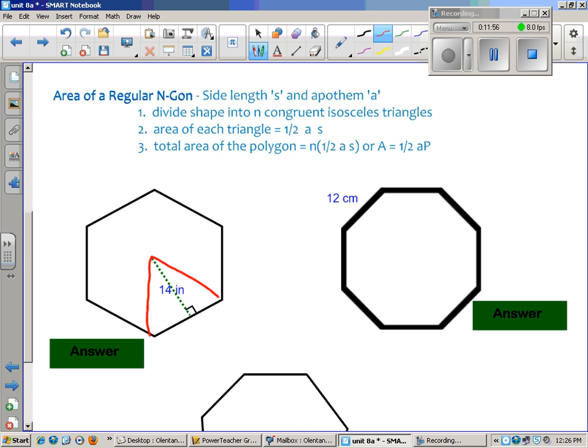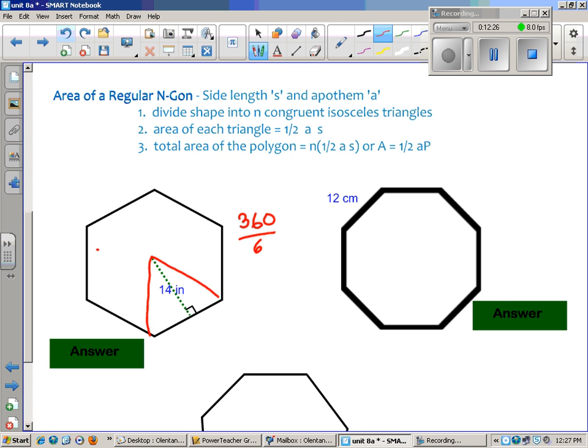So how many identical triangles are in here? 6. If I went all the way around, how many degrees would it be? 360. So if I'm dividing that 360 degrees into 6 equal pieces, how could I find out what one piece is? Yeah, exactly. 360 divided by 6.